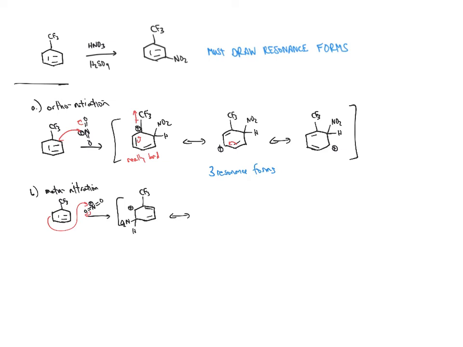I can delocalize around the ring. And go one more time. And what we'll notice here is that we have, again, 3 resonance forms.